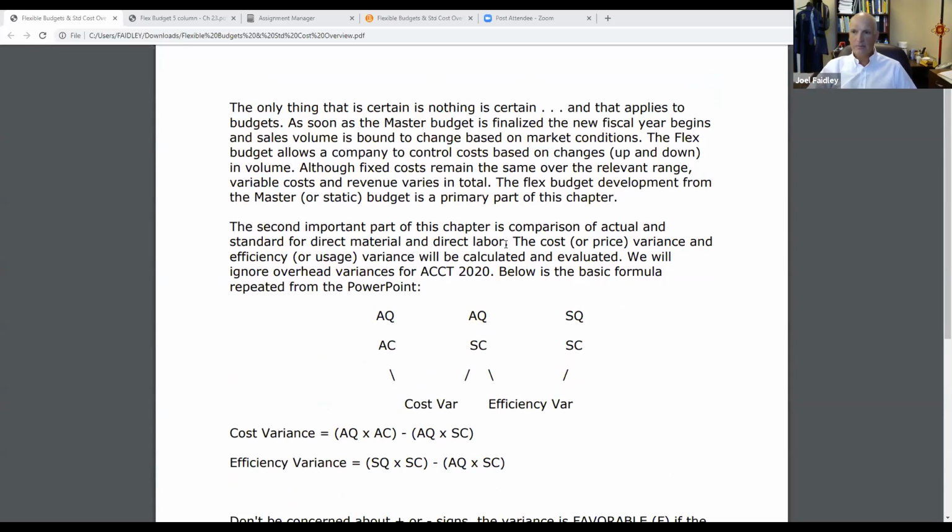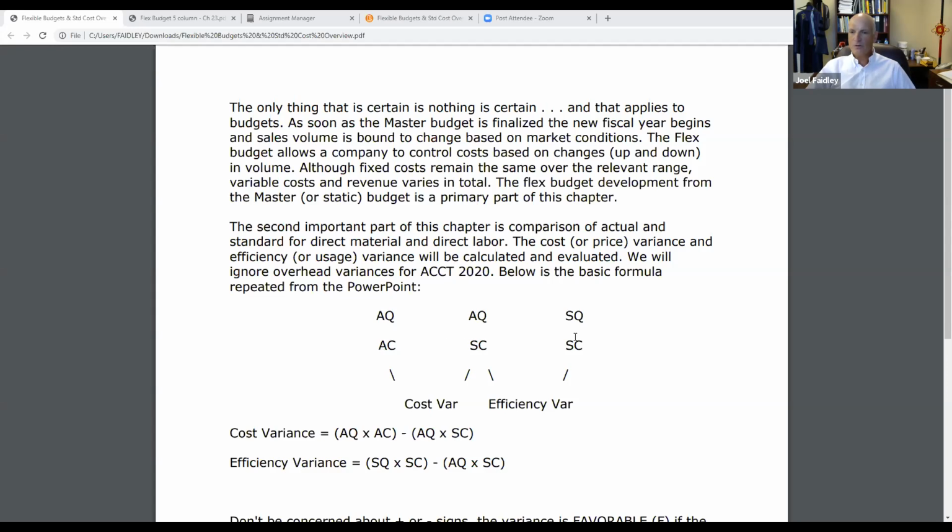If you get that under your belt in this class, you've gone a long ways toward understanding the whole variance analysis scenario. So what we have here, and you see some stuff here that looks like algebra, but it's not. AQ and SQ, AC and SC. This is actual quantity, standard quantity, actual cost, standard cost.